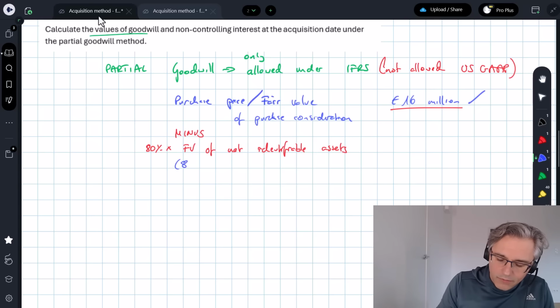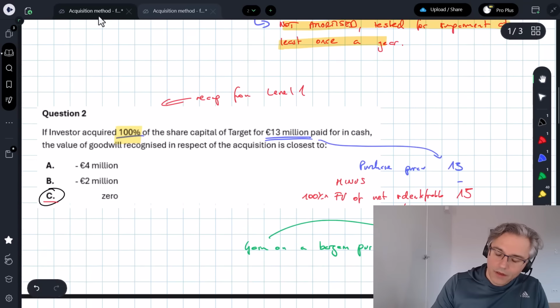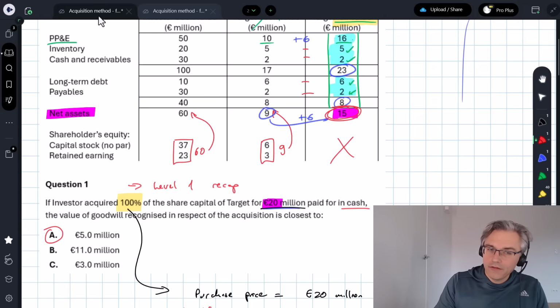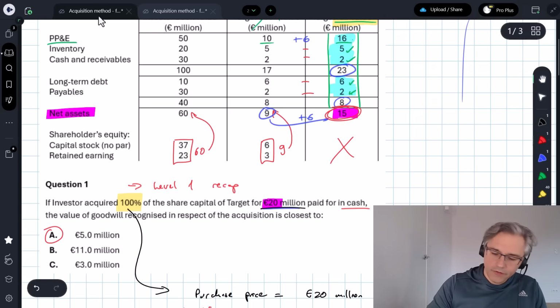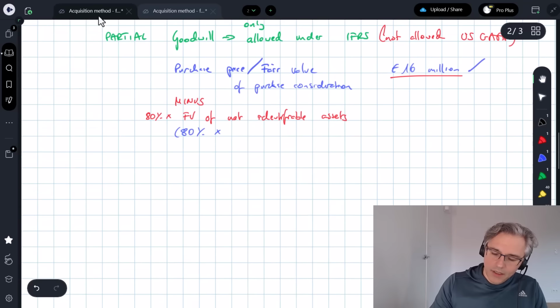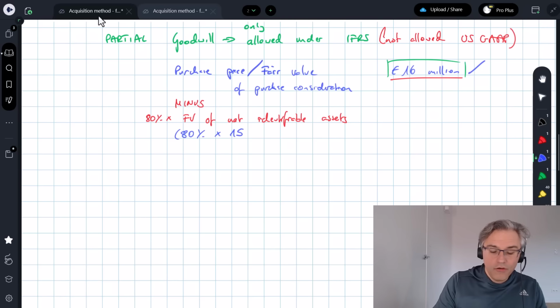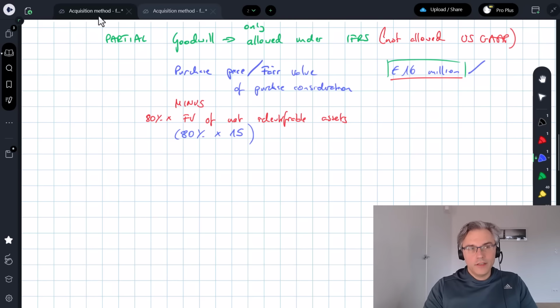And in return, we get 80% of a company whose net assets have been determined to be worth 15 million at fair value. So I'm looking if there's any difference between the price paid and our share of the fair value of the net assets measured at fair value.